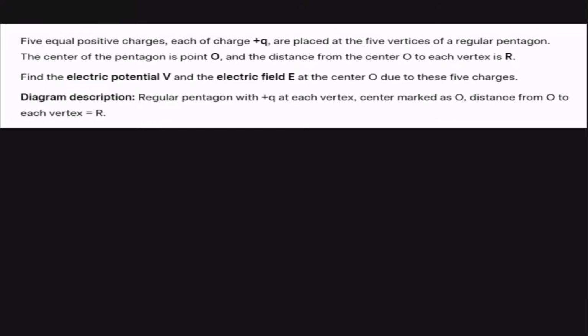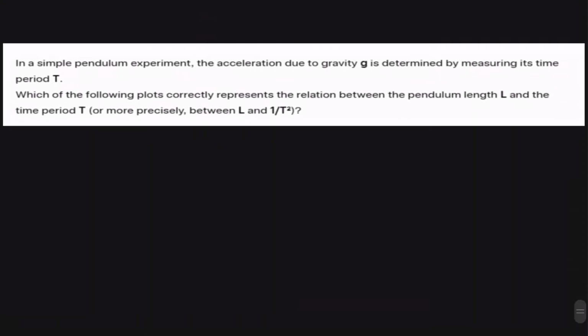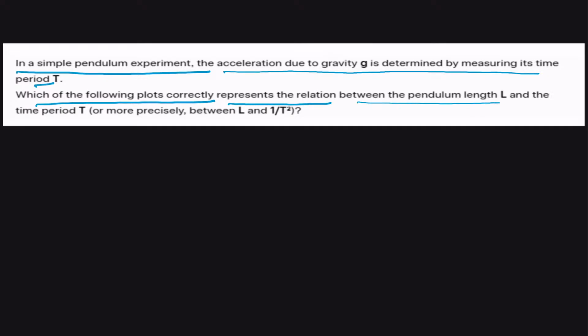Okay, so the next question. It states that in a simple pendulum experiment, the acceleration due to gravity g is determined by measuring its time period. Which of the following plots correctly represents the relationship between the pendulum length L and the time period t, or between L and 1 upon t square?